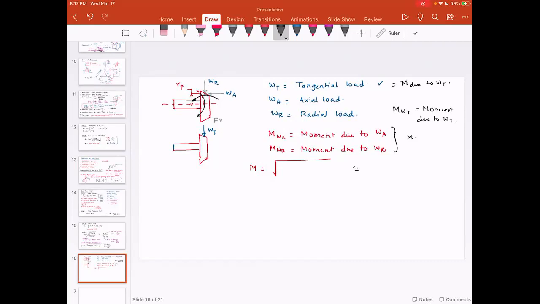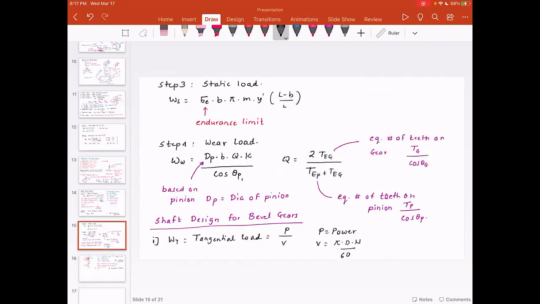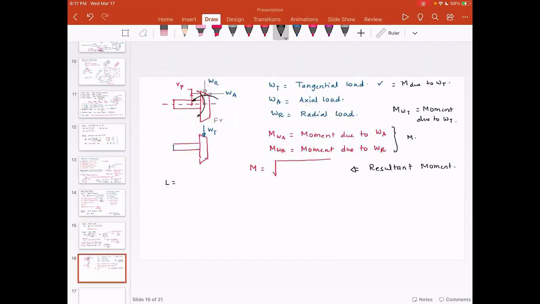So you have to find out the resultant moment. And I will work out a problem wherein, what is dimension L? Dimension L is the semicone. So L is equal to the square root of R pinion squared plus R gear squared. That is actually called the slant height. So basically this distance is L.